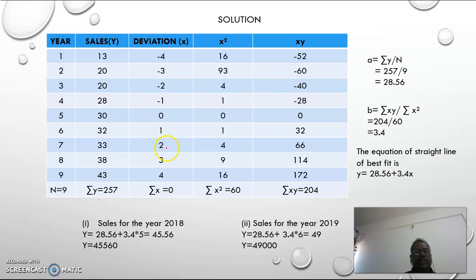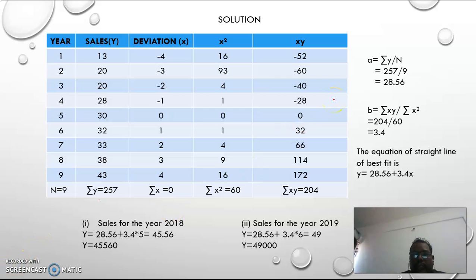So the sum of all these deviations becomes 0. Now we can find the x squared; the sum of x squared gives the value 60, and xy is calculated similarly. The summation of xy comes to 204.